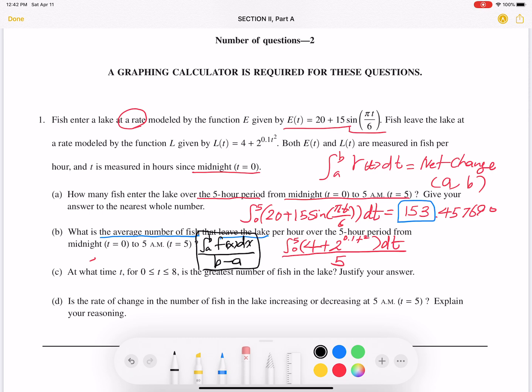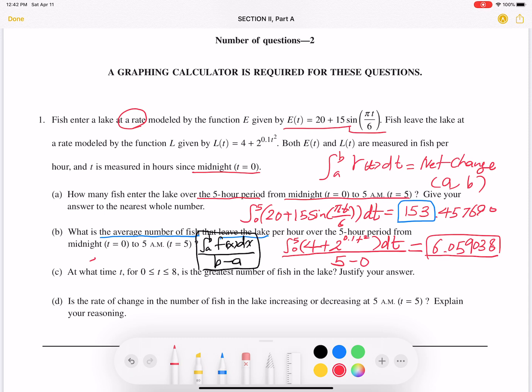So I use that, with 5 minus 0. You can calculate this. My calculator says about 6.0590, so about 6.